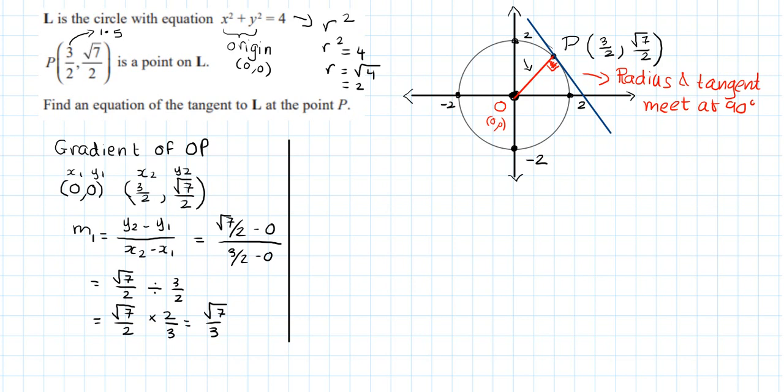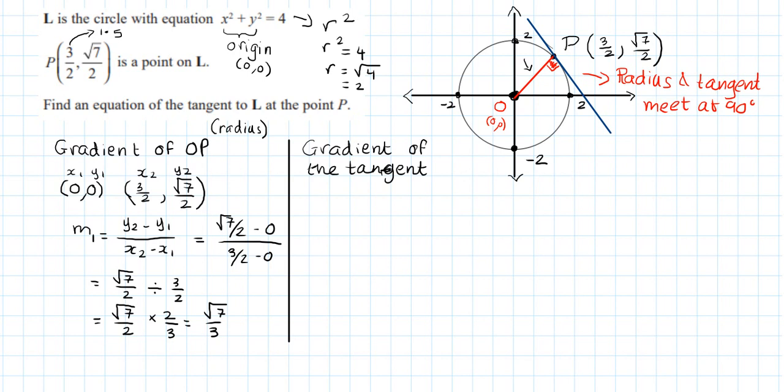Now, radius and tangent meet at 90 degrees. We found the gradient of OP, which is the radius, so we'll now have to find the gradient of the tangent. Since they're perpendicular, their gradients will multiply to give you -1, or they will be negative reciprocals of each other.